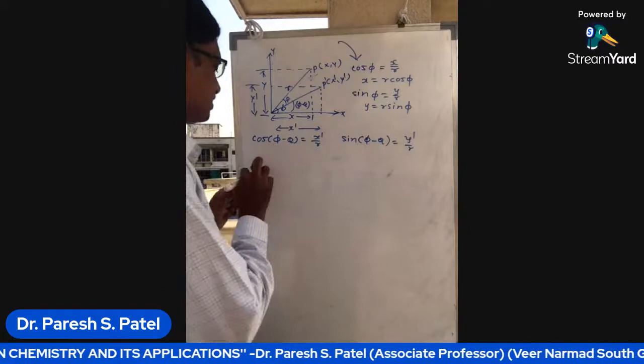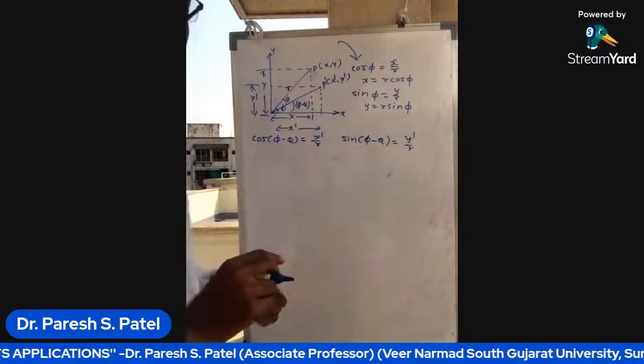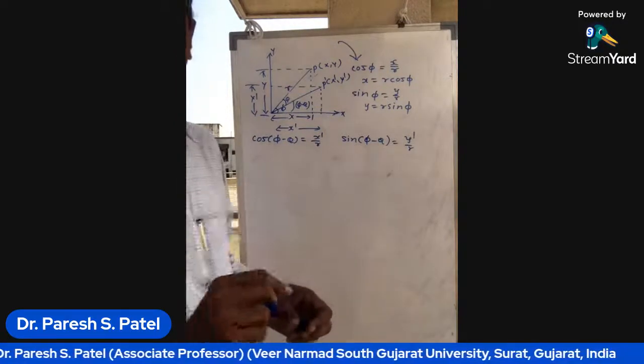So simplify this equation. Cos a minus b is equal to cos a cos b plus sin a sin b.